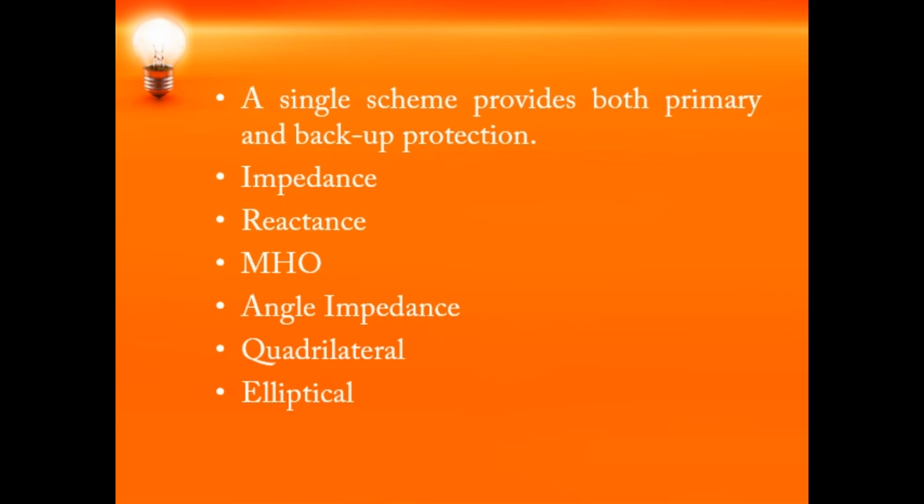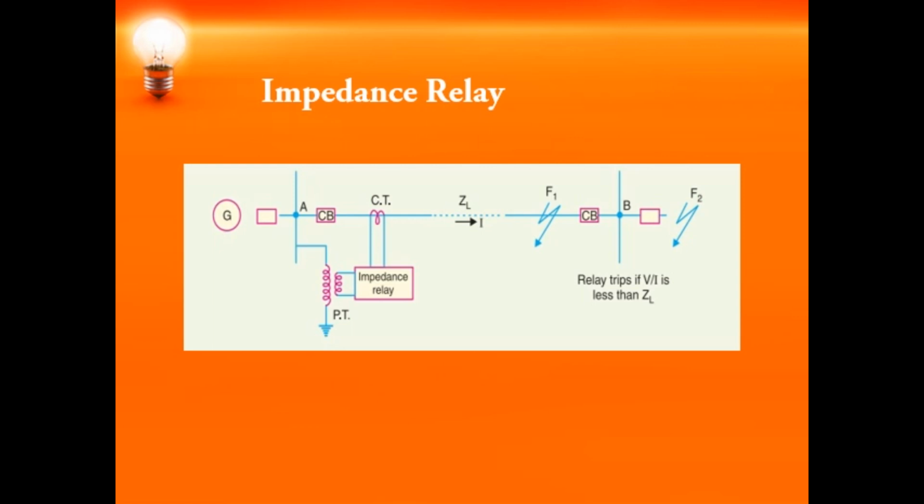So now we will see what is meant by an impedance relay. This figure illustrates the basic principle of operation of an impedance relay. The voltage element of the relay is excited through a potential transformer from the line to be protected.